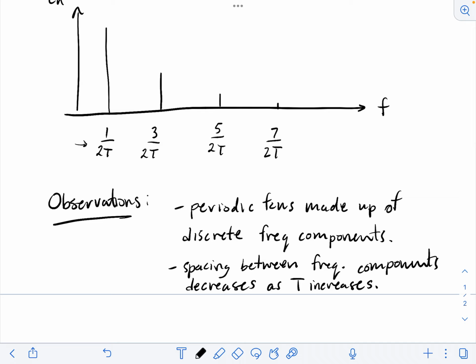And so as we increase t, the spacing between those discrete values gets smaller and smaller. And so if we think of a pulse in time that's not periodic, we might think of that as having a period of infinity. And so then the spacing between these frequency components becomes really small, and we're going to get this, as we said, continuous spectrum of frequencies.